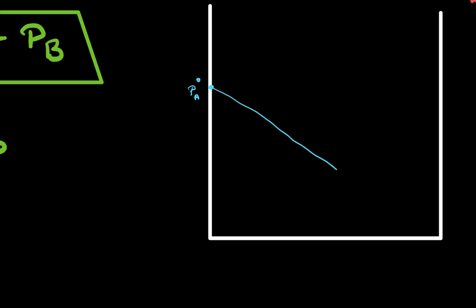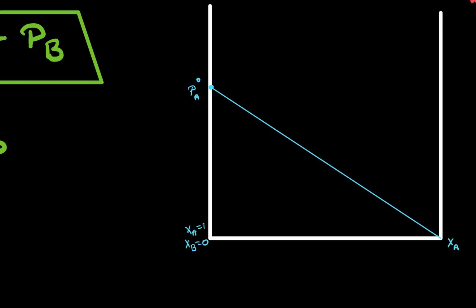Now the mole fraction of this decreases until here. Basically here A will have 1 mole fraction, whereas B has mole fraction 0, because you know mole fraction total is always 1. Mole fraction of A plus mole fraction of B will always be 1.